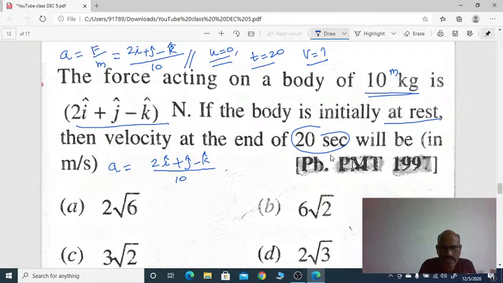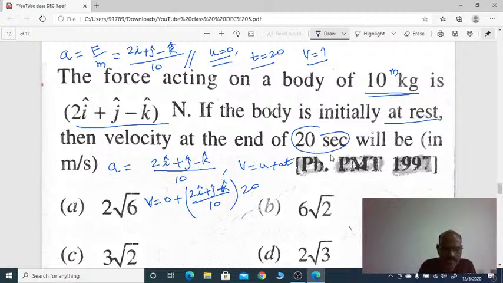So we know the first equation of motion, v equals u plus at. V equals u, which is 0, plus at. What is a? Just now we have (2i cap plus j cap minus k cap) by 10, into t.